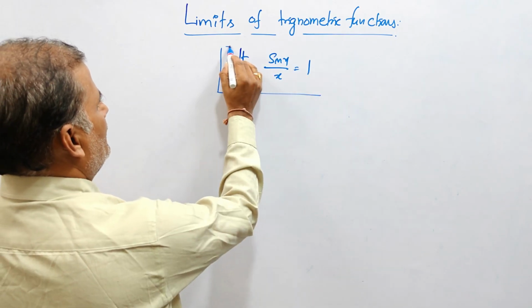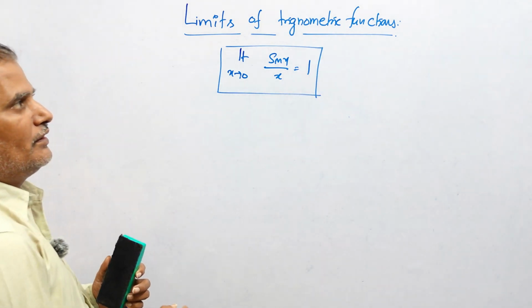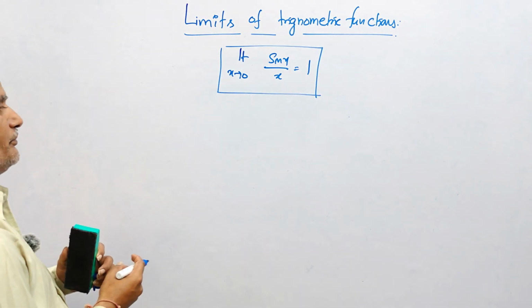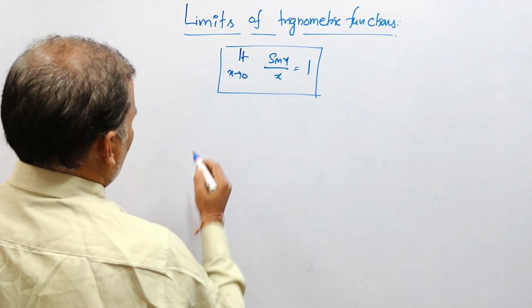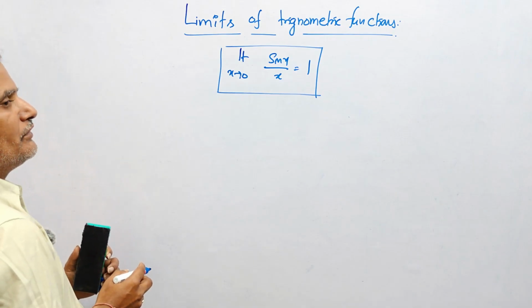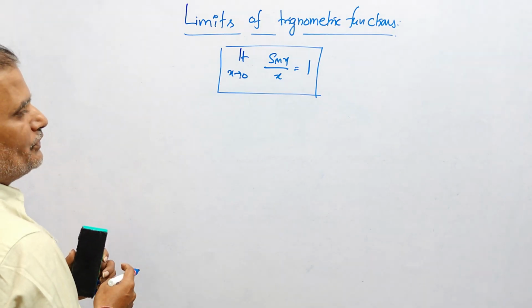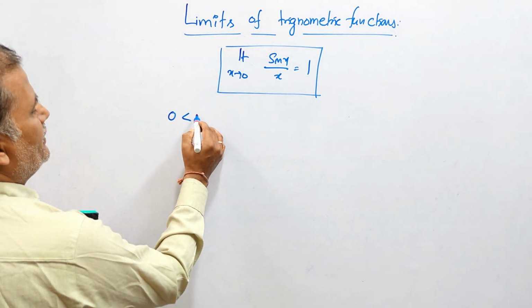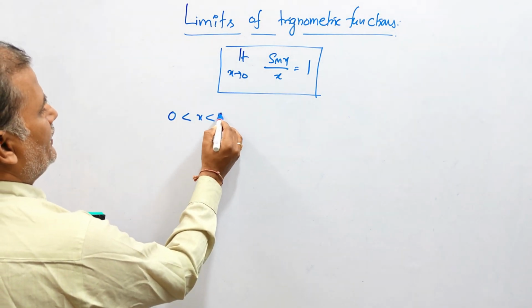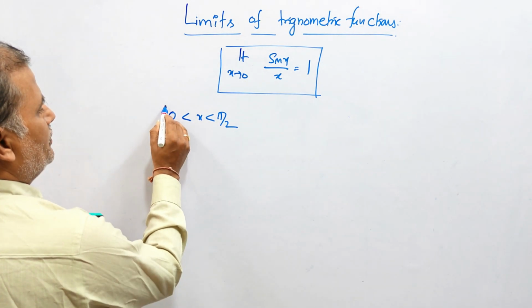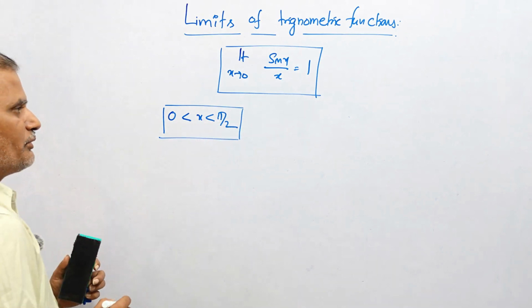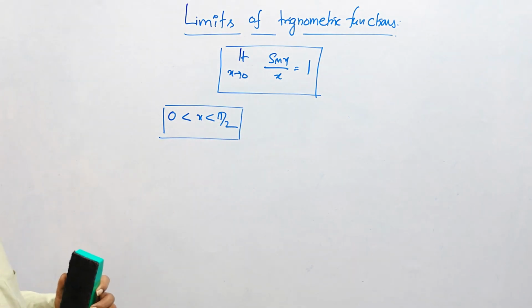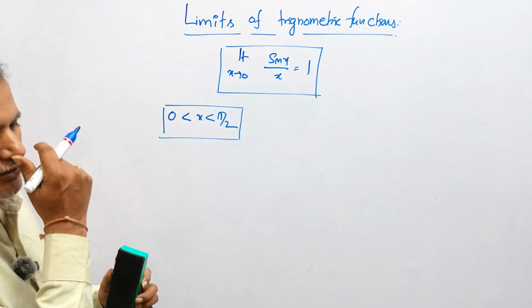This is a very important formula in trigonometric functions. The condition is 0 less than x less than pi by 2, that means the x value lies between 0 and pi by 2. As x tends to 0, sin x by x is equal to 1.